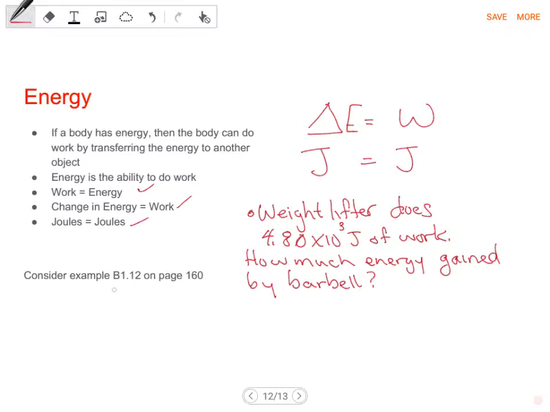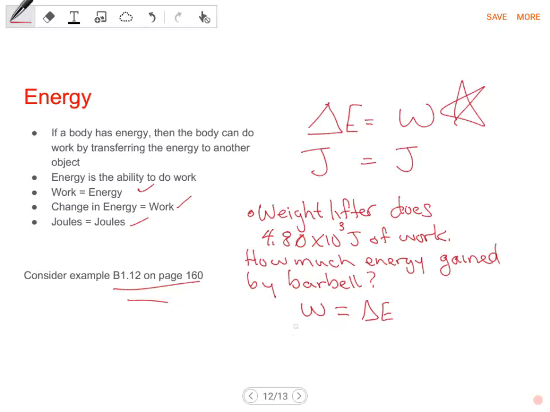The example on page 160b.12 says you have a weightlifter, and this person does 4.8 times 10 to the 3 joules of work. How much energy is gained by the barbell? Well, the weightlifter did work, and the formula says that's equal to the change in energy. I just reversed it up here, as you can see.